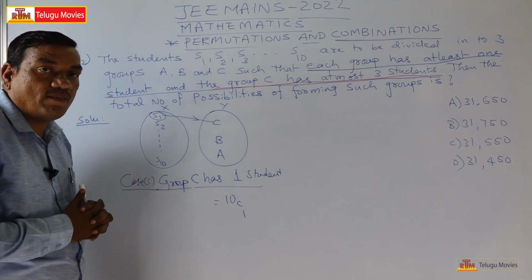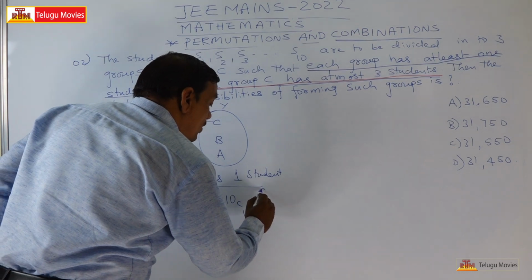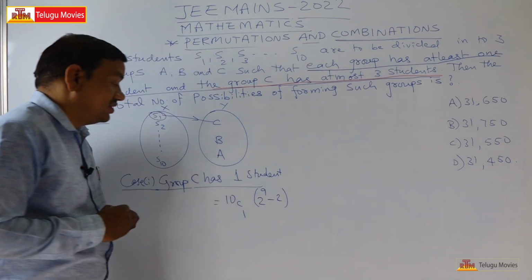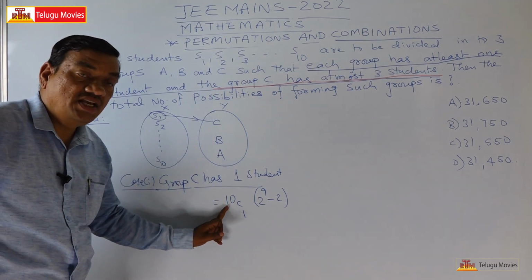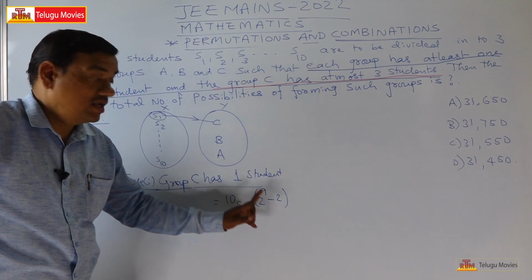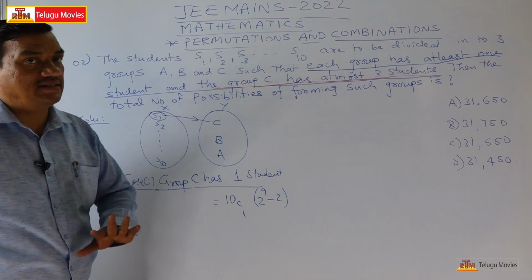Just now we have the formula 2 power n minus 2. So, this is equal to 2 power n minus 2. This is for group C and this is for group A and B. In between these two values we have to put a multiplication, because the total thing takes place at a time, like forming a committee.